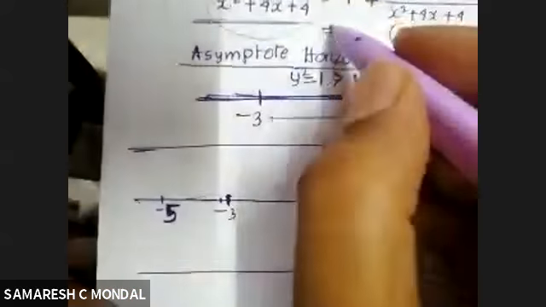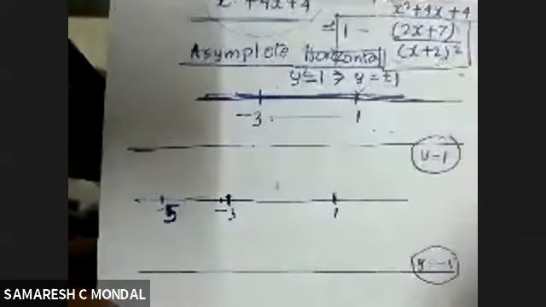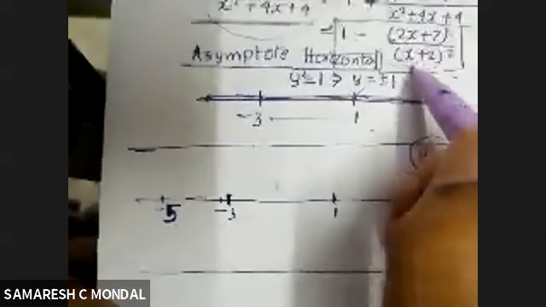Now, if you recall, I wrote y square is equal to this. The denominator is positive, the numerator is also positive, isn't it? On the right hand side of 1, this part is always positive, and so it will always be less than 1.